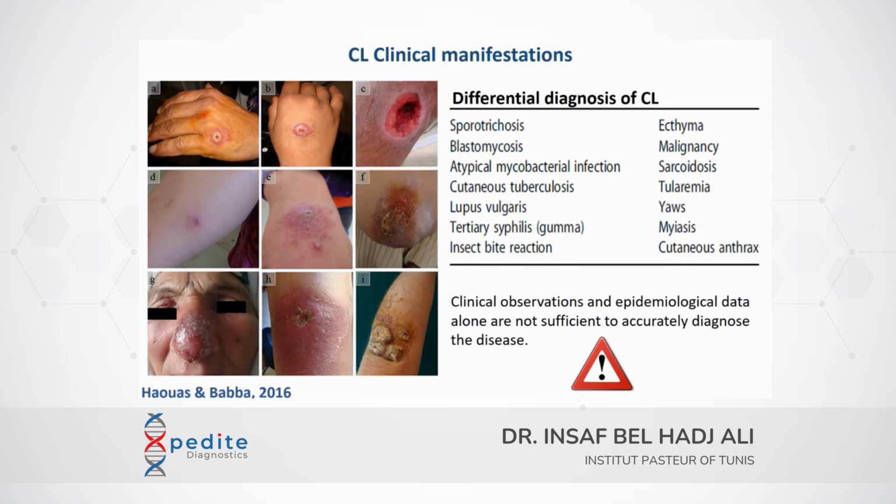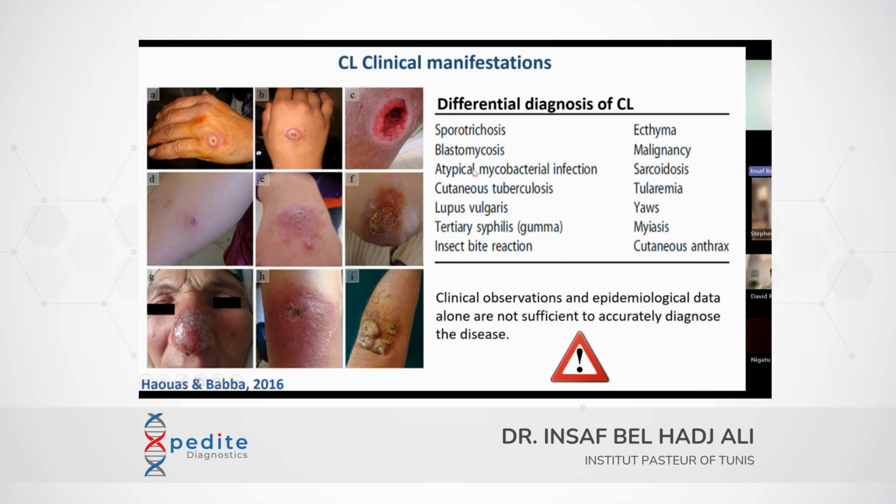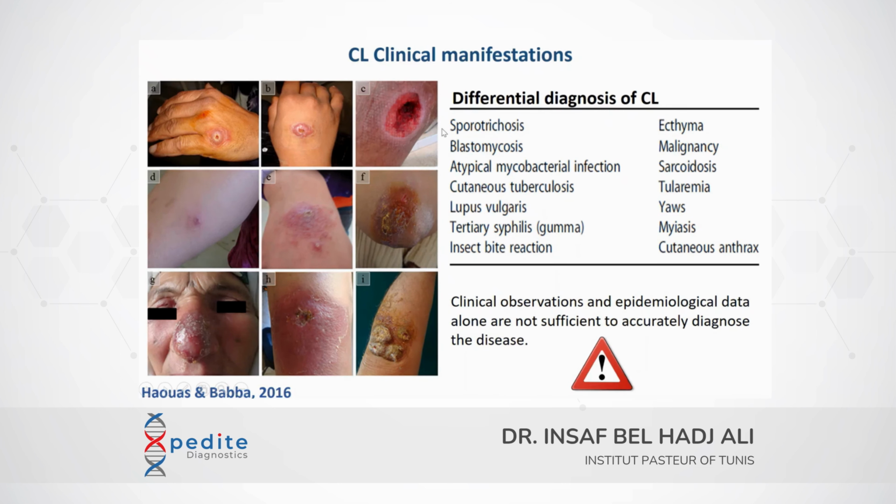Regardless of the species, cutaneous leishmaniasis has a range of clinical manifestations, and it is called the great imitator, as it can mimic almost all dermatoses. It is now demonstrated that treatment efficacy depends on the infecting species.